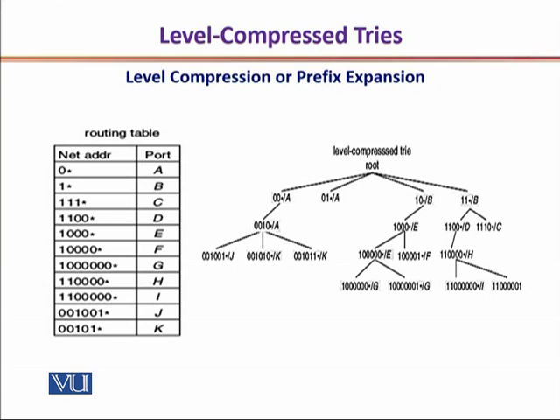We can look at K. K was initially 00101*, but here we have expanded it as 001010* and 001011*. Now we have created two branches from one branch.